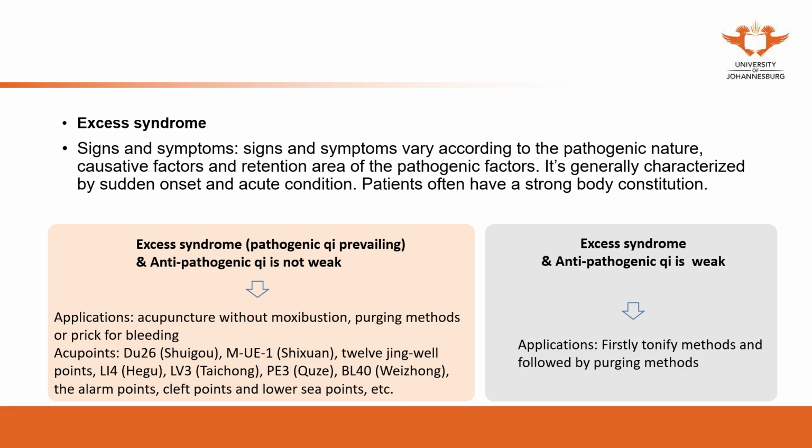However, it also depends on the patient's condition, the body constitution of the patient. If this patient suffers from excess syndrome, and in the meantime the antipathogenic qi is not weak, in this situation it may be the first few days of the disease. The onset was only a few days ago, in the very early stage of the disease.